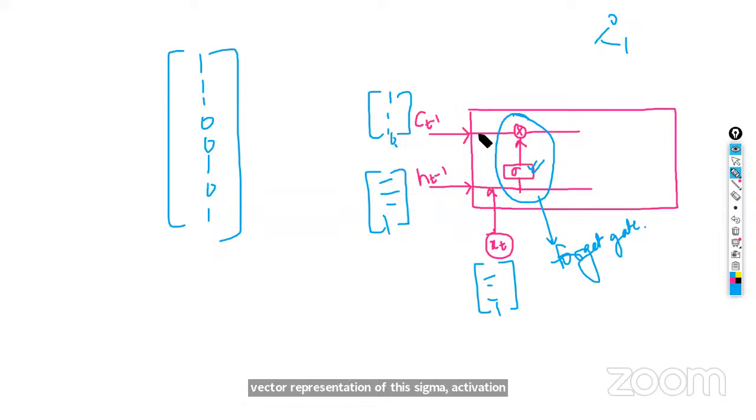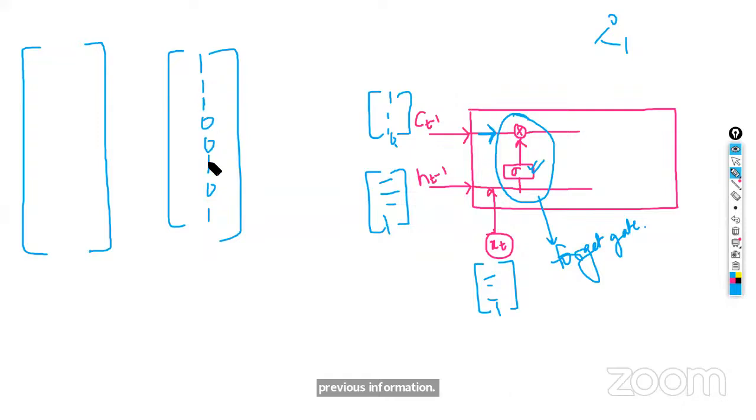Let's say whatever information we are getting from this cell state is some previous information. So we have 1, 2, 3, 4, 5, 6, 7, 8 positions. Let's say we are getting some past information in vector form.